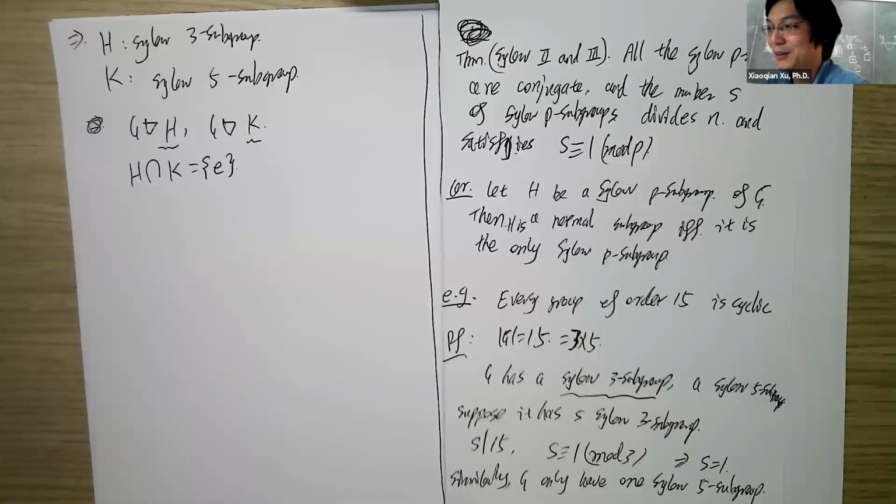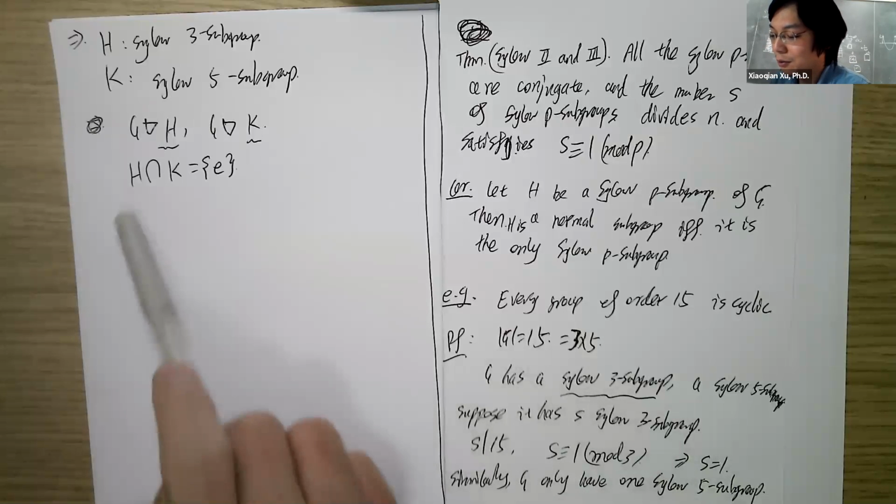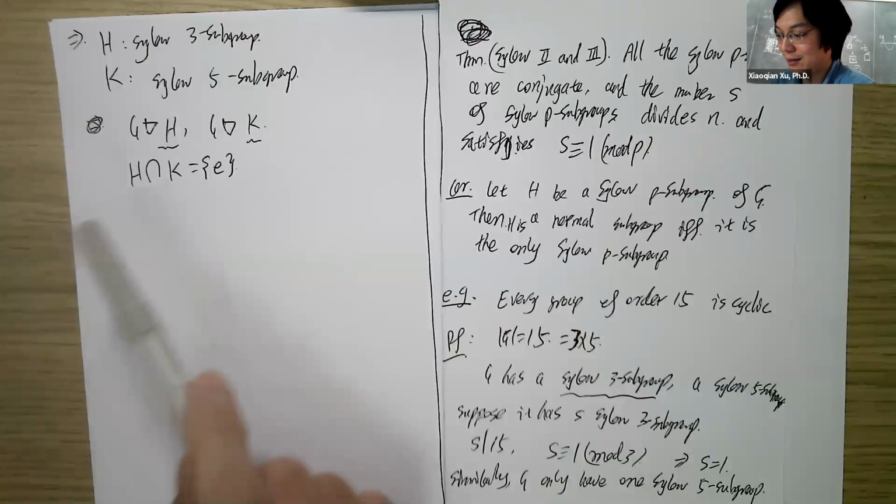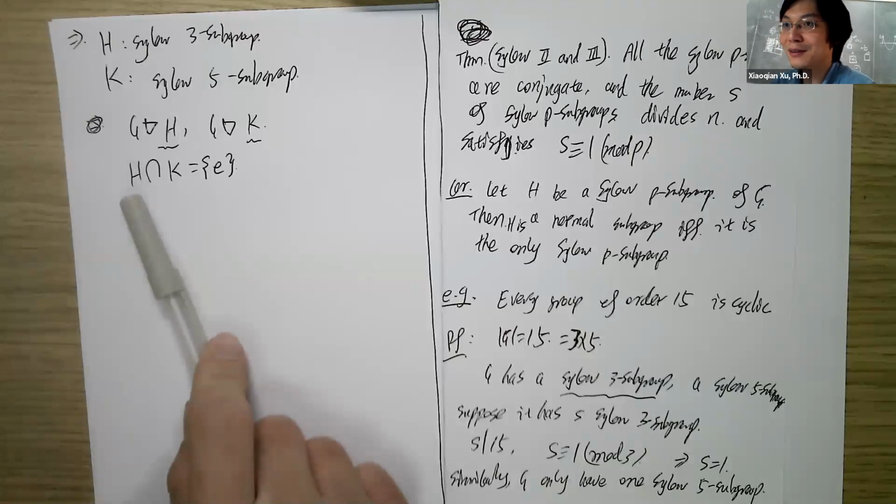So then, what's the contradiction? Well, this is not so hard to see. The element in H, other than the identity, what's the order of that? The order must be 5, right? How about K? The order must be 3.